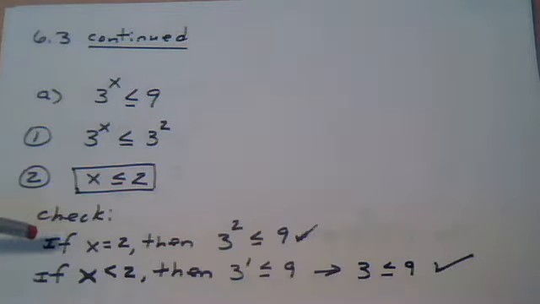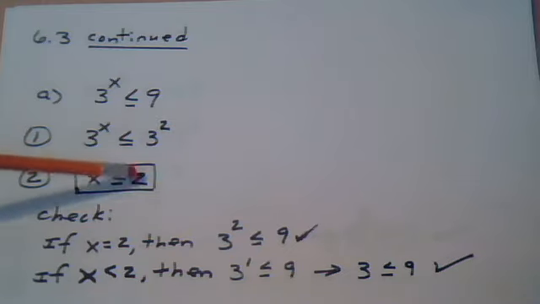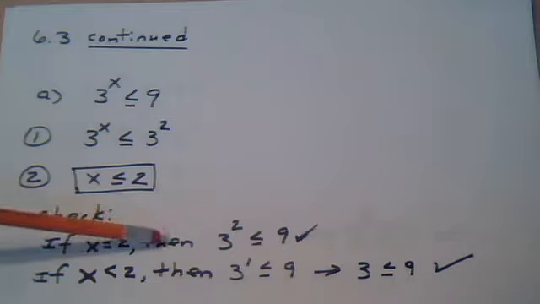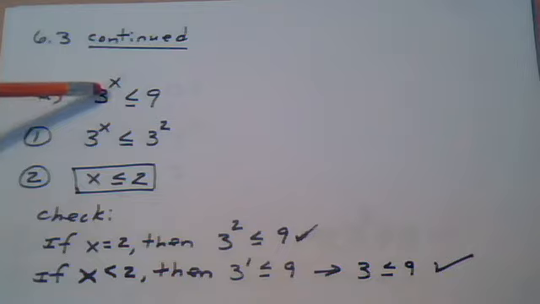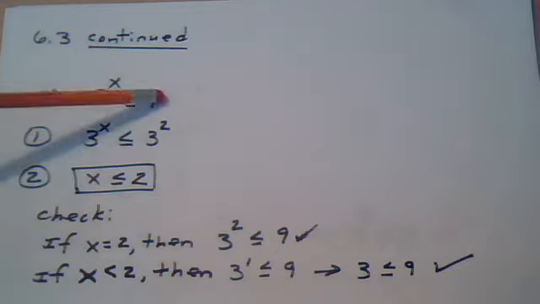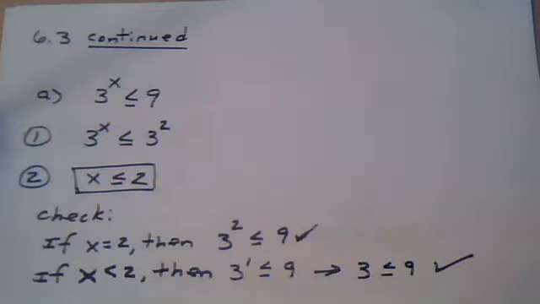And notice if you check, and what are you going to check? You're going to check x equal to 2, x less than 2. So x equal to 2 makes 3 to the 2 here. So it makes this part 3 to the second. Here's the 9. And notice it checks out. 9, if you simplify 3 to the second is 9. 9 is less than or equal to 9.